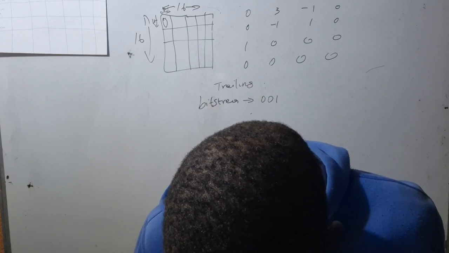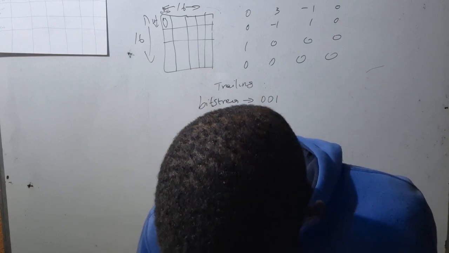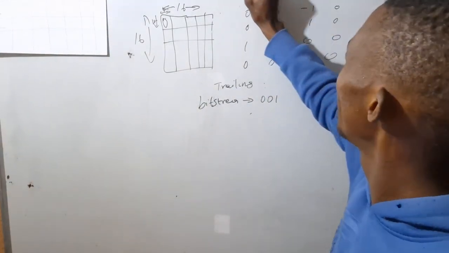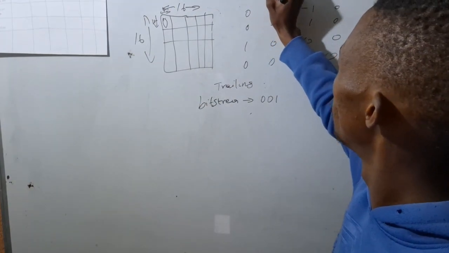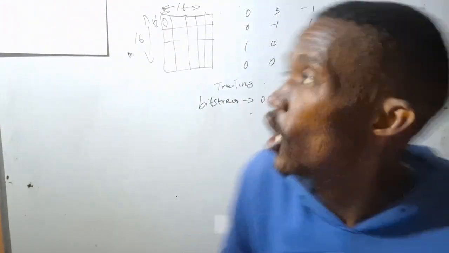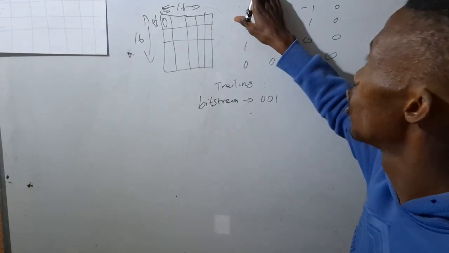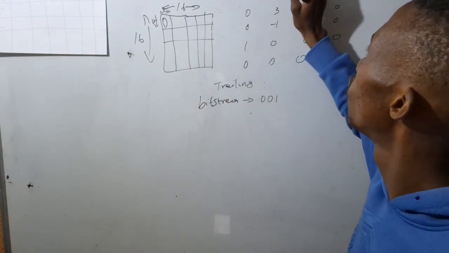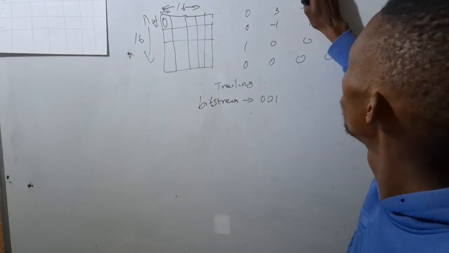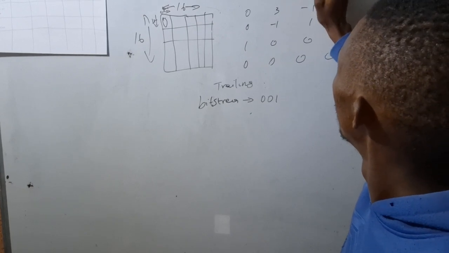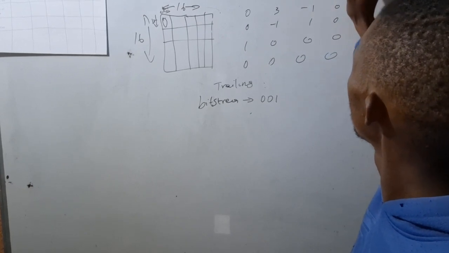16 times 16. So that's 256 pixels altogether. So these 256 pixels, we also divide into 4 by 4 blocks. 4 by 4 blocks is equal to 16, right?